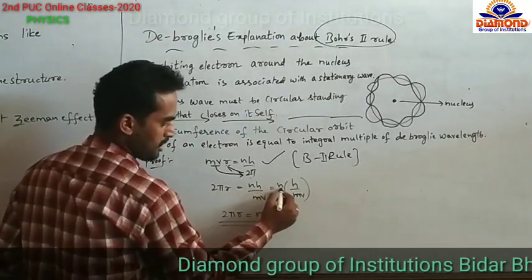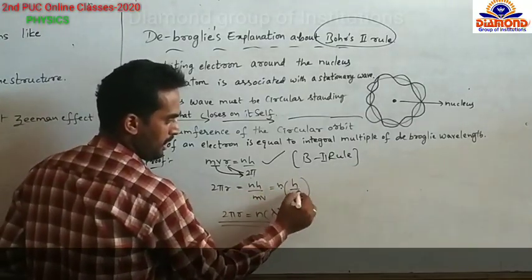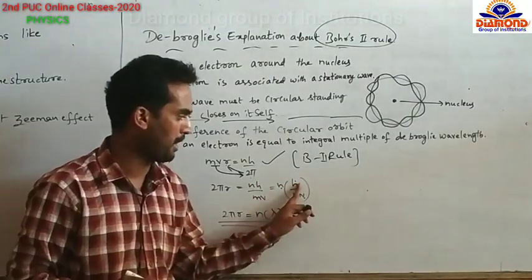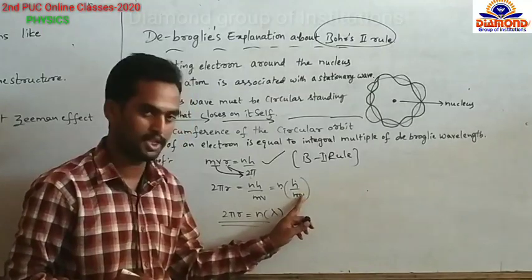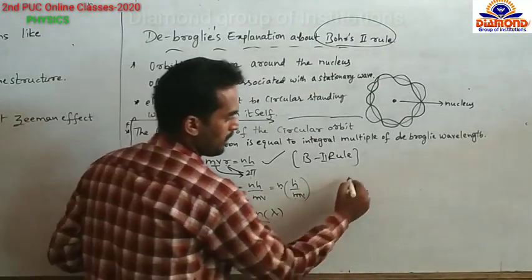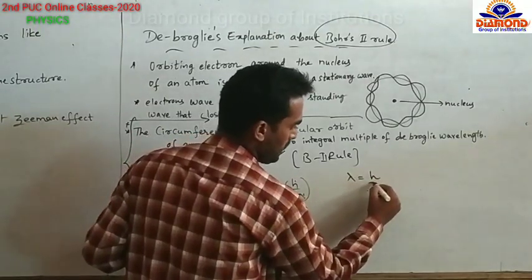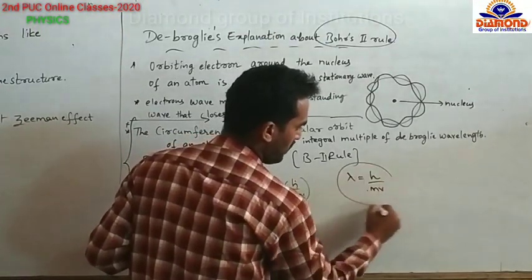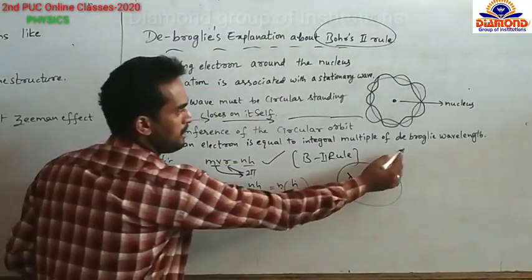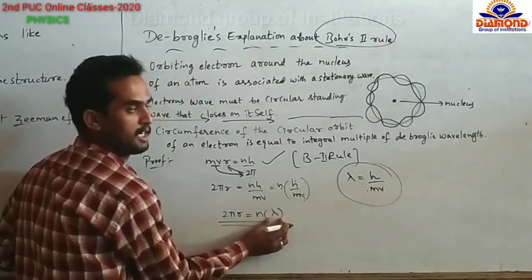Just keeping n outside, h by mv. What does h by mv indicate? h, Planck's constant, divided by mass into velocity of the particle. We can say that lambda, called the de Broglie wavelength, equals h by mv. So finally we got the de Broglie wavelength symbol, lambda.